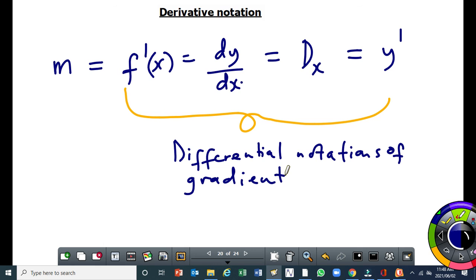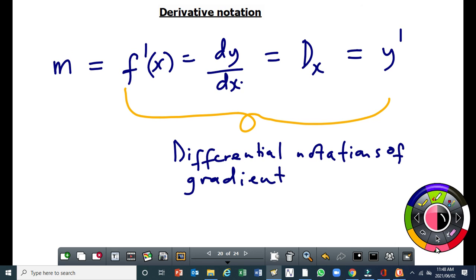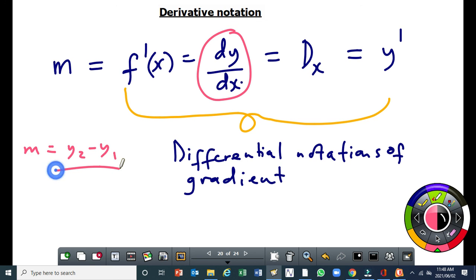All right. Now this one is related to what you know, but to be honest with you, you might have some confusion. It's very straightforward. Remember, when you're writing m equal to y2 minus y1 over x2 minus x1, do you see that here we have dy?